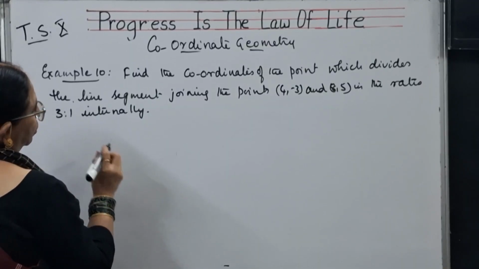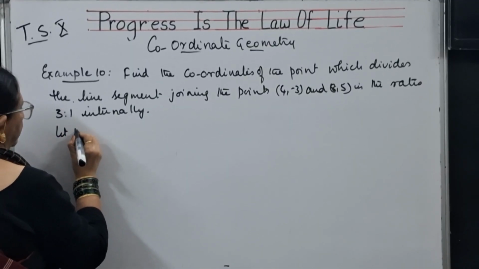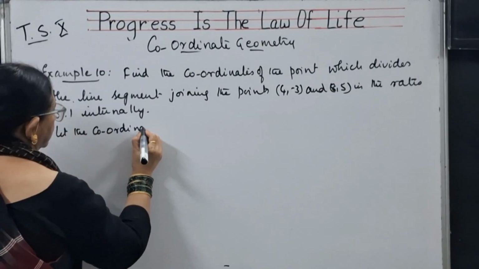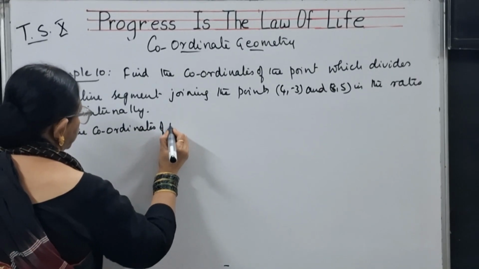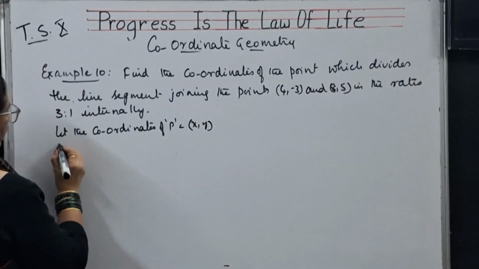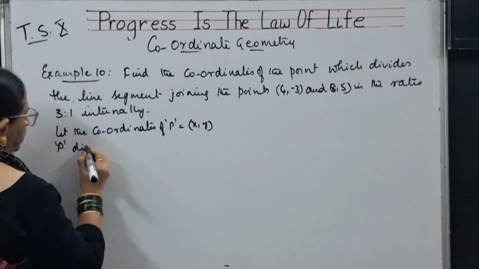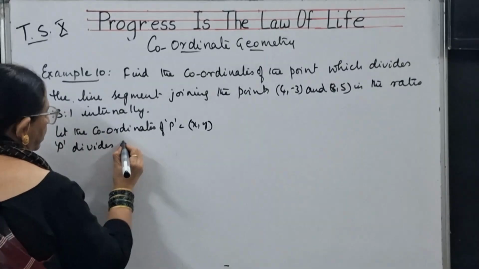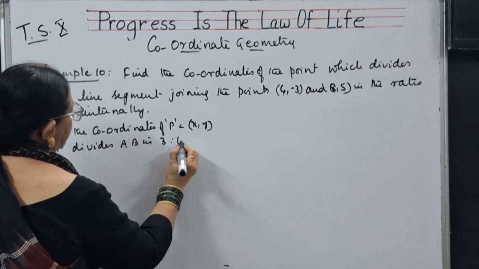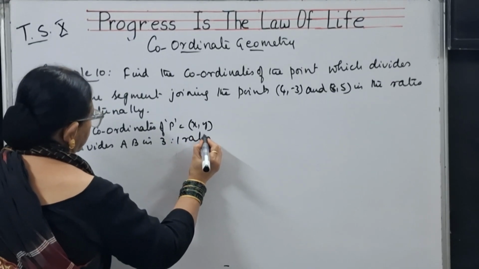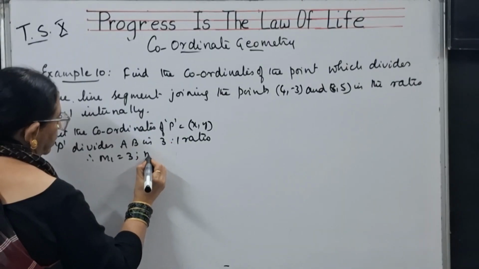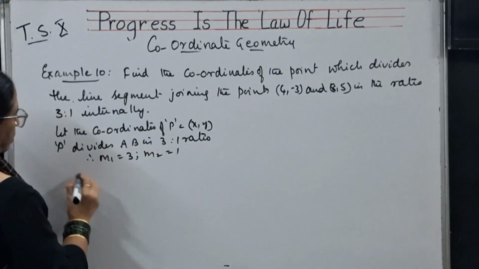We don't know the coordinates of P. Let the coordinates of P be x comma y. P divides AB in 3:1 ratio. Therefore, m1 is equal to 3, m2 is equal to 1.